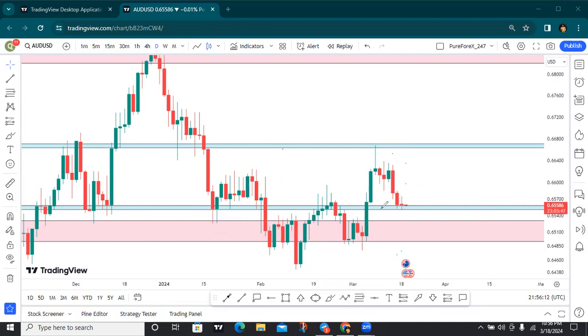Also, if you look at this daily zone of sensitivity, it is aligned with our Quasimodo reversal. So we also have a blind spot as well. This is a bearish engulfing that breaks significantly. So we have a blind spot. A blind spot is also a reversal setup. We also have a Quasimodo reversal.